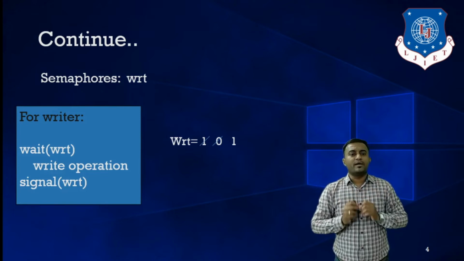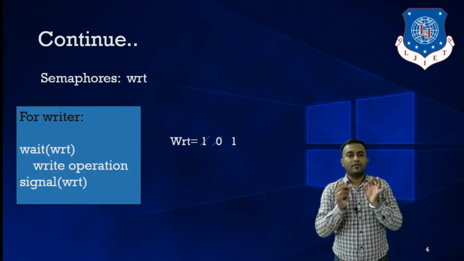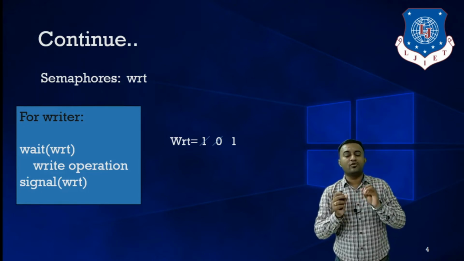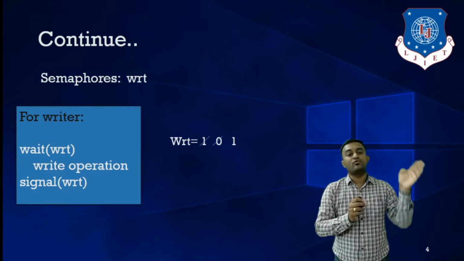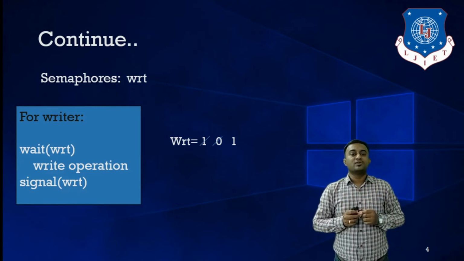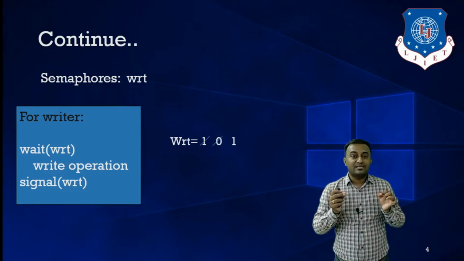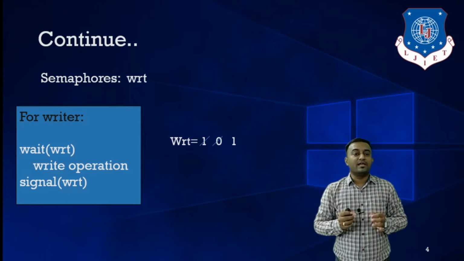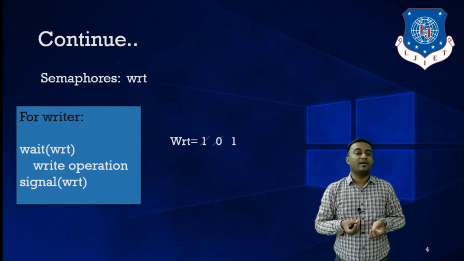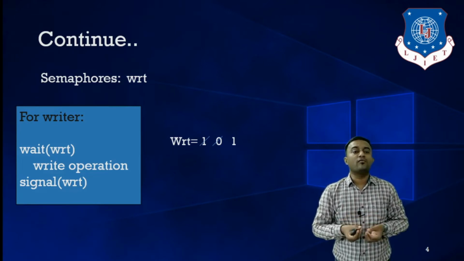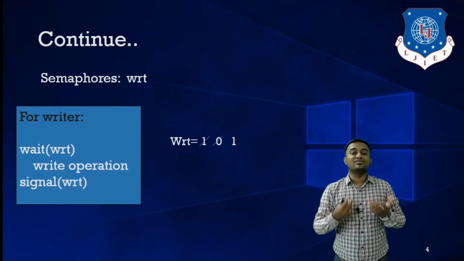At this particular moment, if context switching happens and a reader tries to enter into the critical section, it won't perform the read operation, because the value of WRT is already 0.